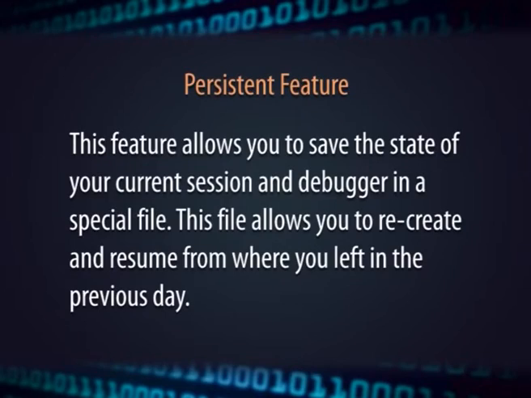With this feature, the debugger allows you to save the state of your current session and the debugger in a special file. This file allows you to recreate and resume from where you left off the previous day. Most debuggers allow you to create a file that contains these alias definitions.